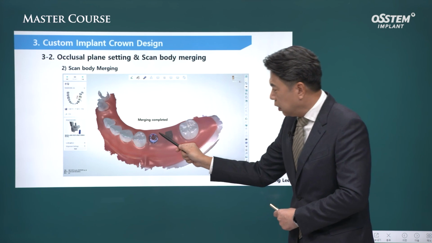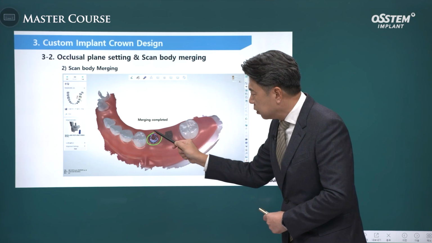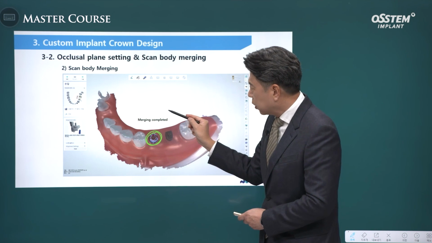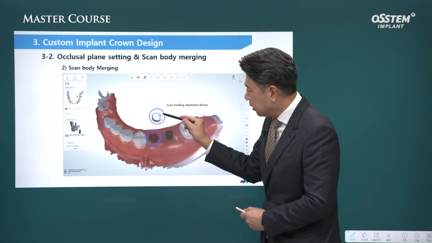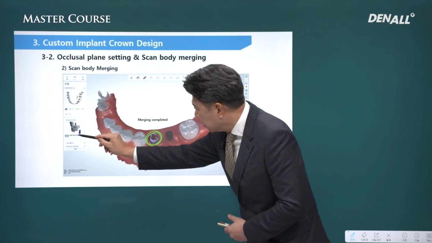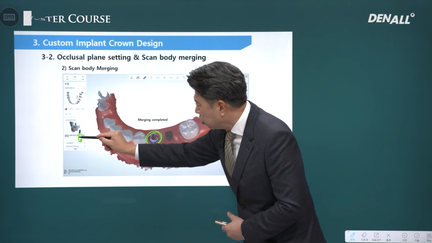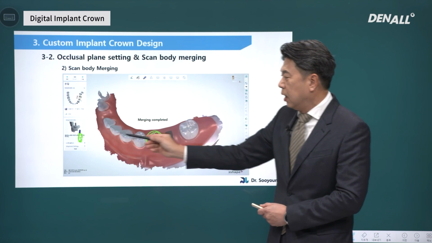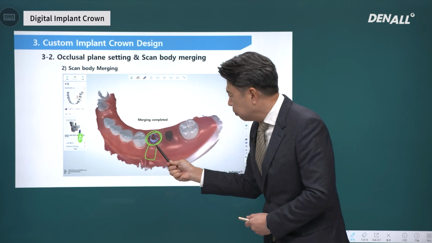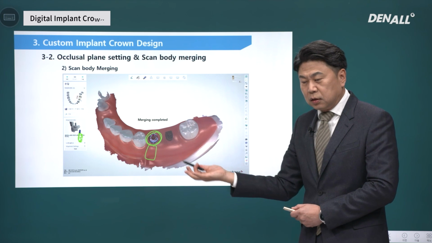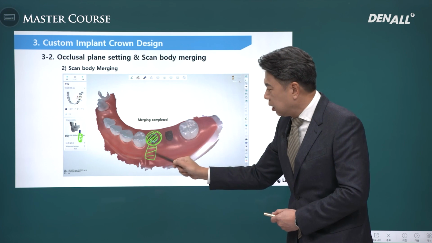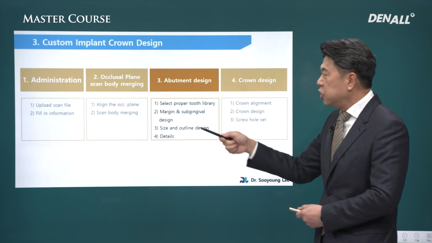The visible parts are matched, but the scan body data that appeared before in the library has the implant information hanging below, which is not visible. So when this is merged, the implant information is automatically attached here. If you erase here, only the implant information remains. That is the process of merging.